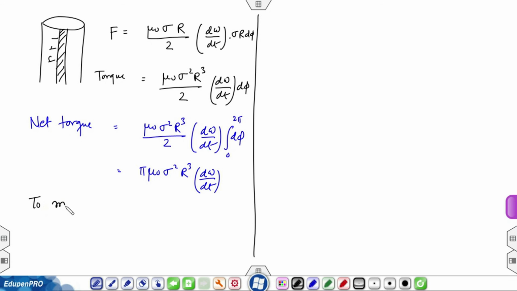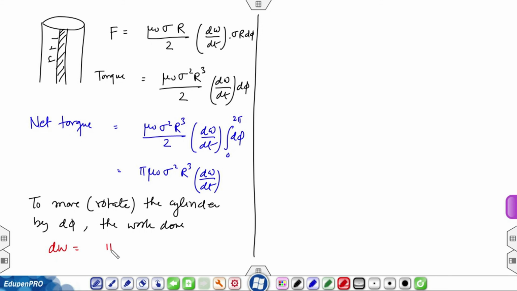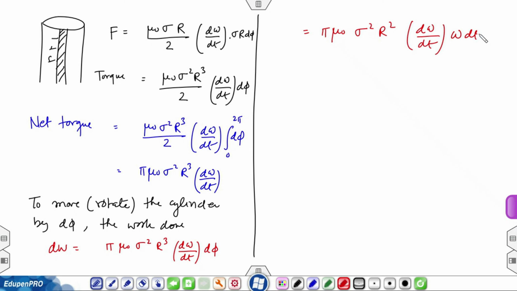So, to rotate the cylinder by d phi, the work done will be dW equals pi mu 0 sigma square r cubed d omega/dt times d phi, which is equal to pi mu 0 sigma square r cubed d omega/dt times omega dt, which gives me pi mu 0 sigma square r cubed omega d omega.